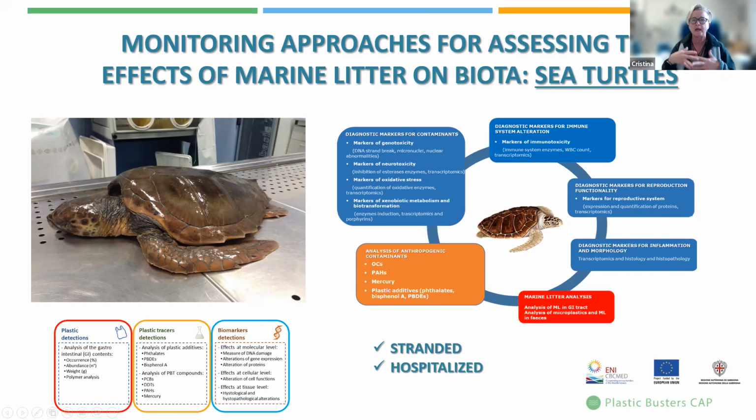Just to give you an example, in feces, very easy to collect in hospitalized sea turtles, we have found a very strong correlation between the presence of marine litter, including microplastic, in feces, and the presence of plastic additives and the presence of toxicological effects such as porphyrin modification. So even hospitalized organisms can really represent a very important biological information to define the impact on biodiversity.